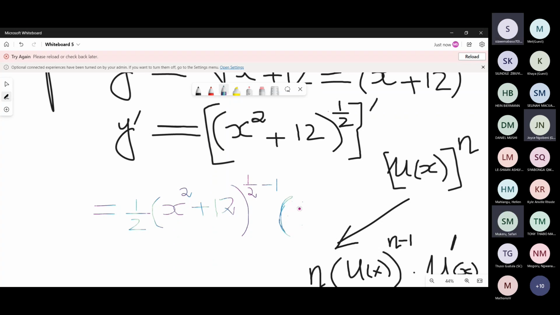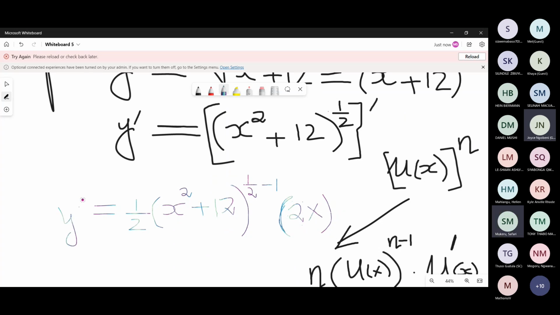Okay. Yes, multiply by 2x. So 2x, right, plus the derivative of 12, which is 0. Good. So this is right, and we are done. Here we are done.